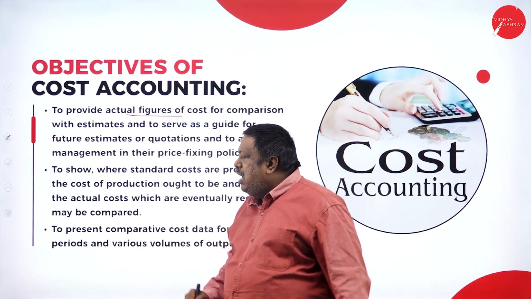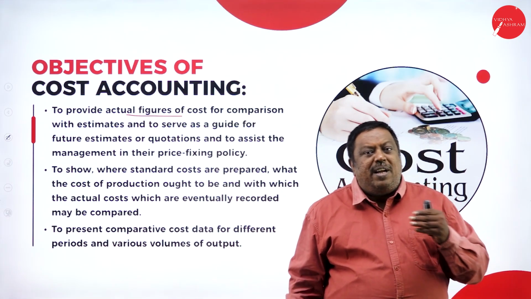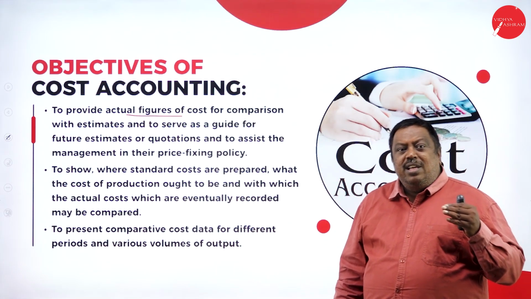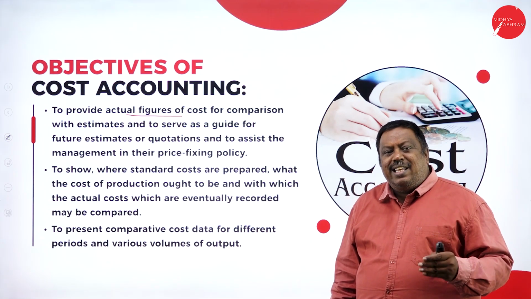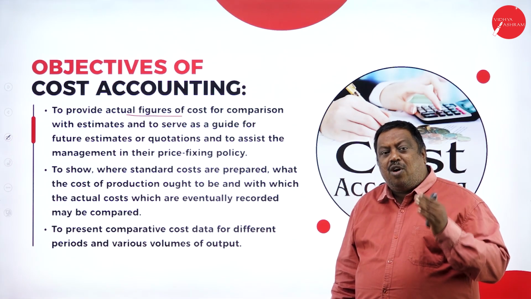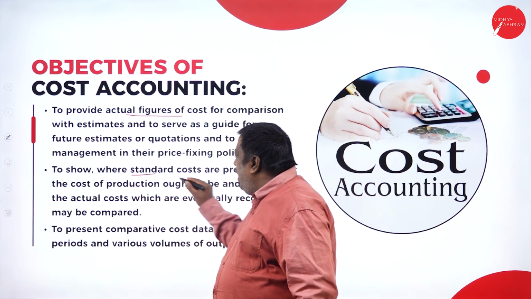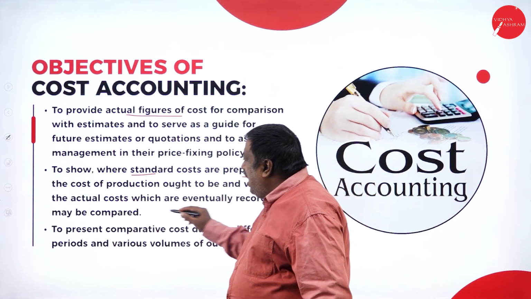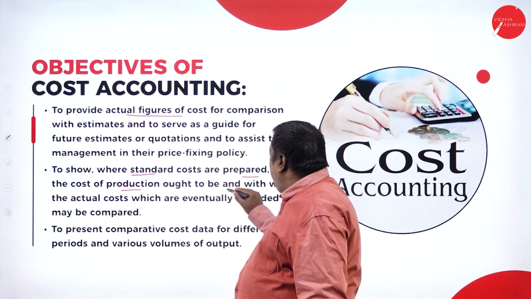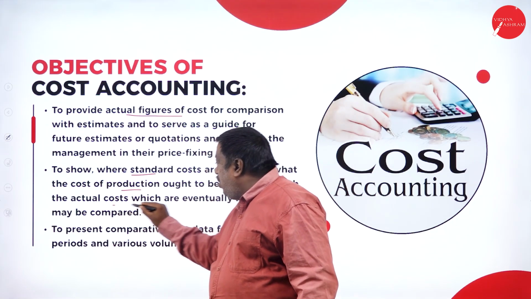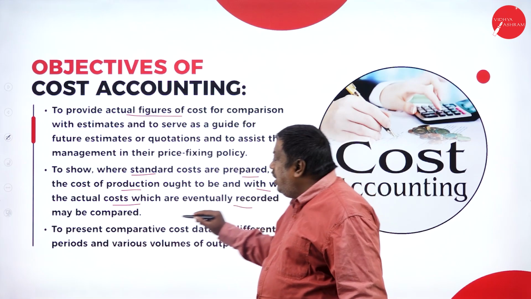They are saying that, to make the proper comparison here, with the help of costing they will get the actual amount of cost incurred in the process of conversion. To show where standard costs are prepared and what the cost of production ought to be, with which the actual costs eventually recorded may be compared.